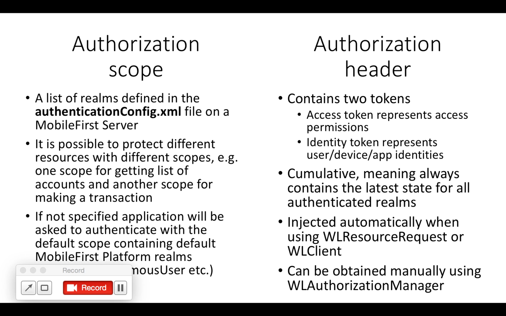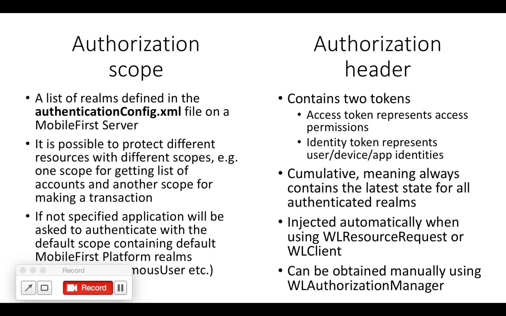So once a resource server receives the authorization header, it actually knows who this user is, who this device is, who this application is, and what they are allowed to access.